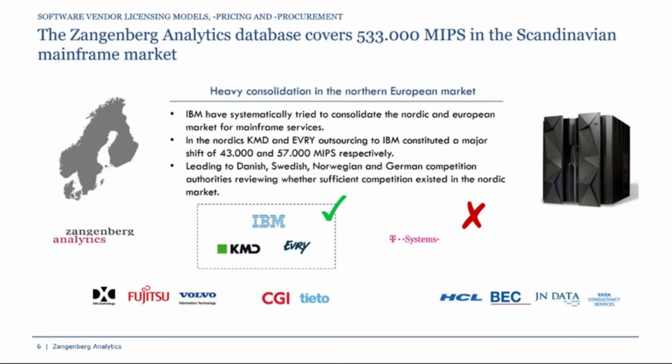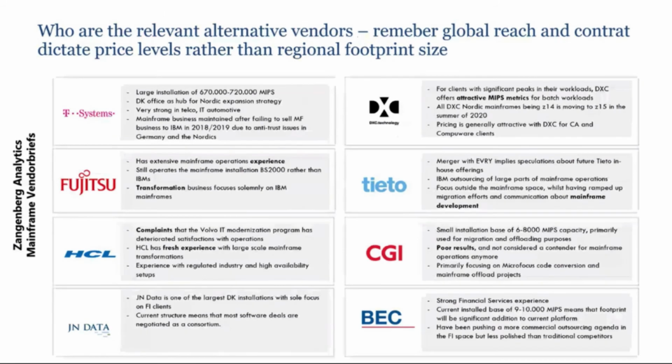This mapping of what is happening with the major vendors is something we try to be very systematic about, and we build these vendor briefs. It's also to help clients who, well, IBM is the obvious player here, but not all clients are experiencing challenging times in that relationship from time to time.